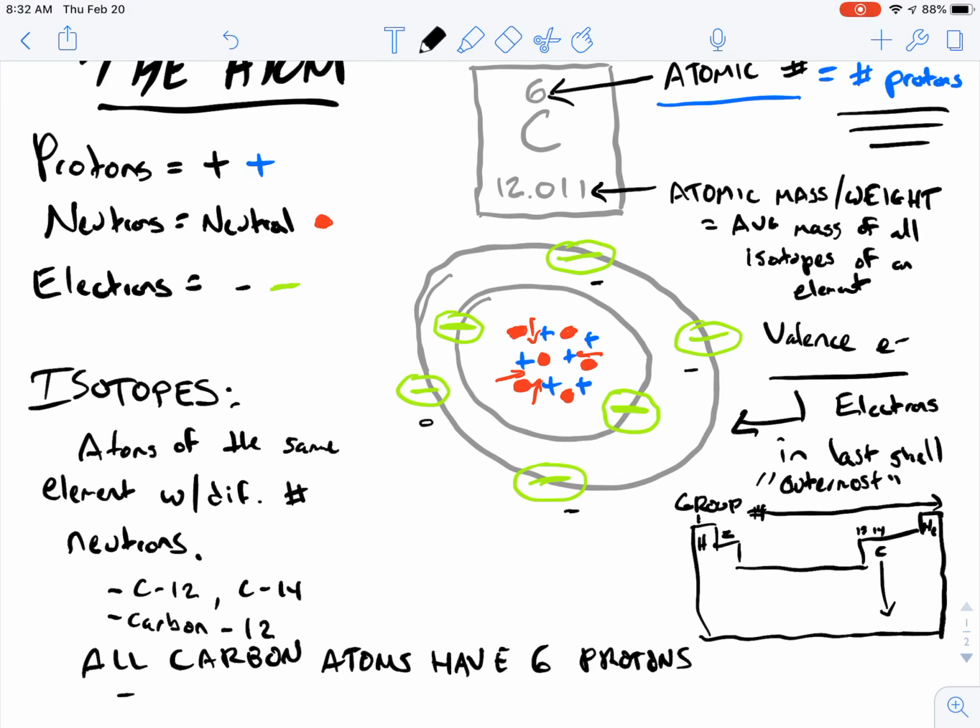Where isotopes come in is that the neutrons of each atom can change.